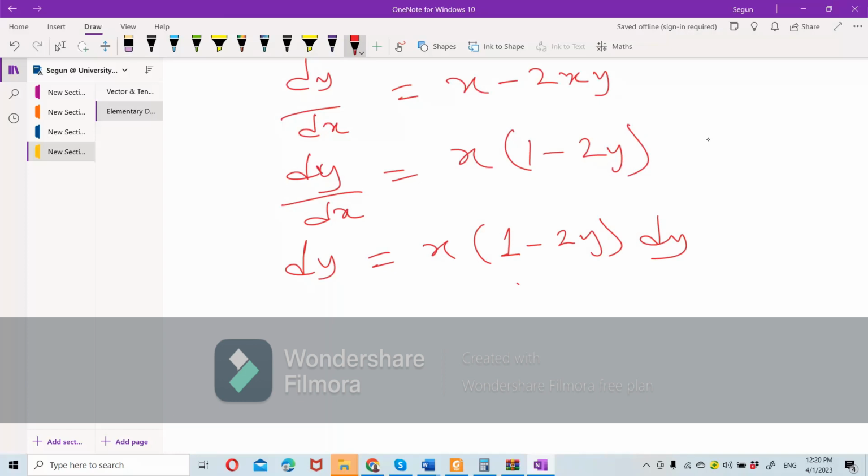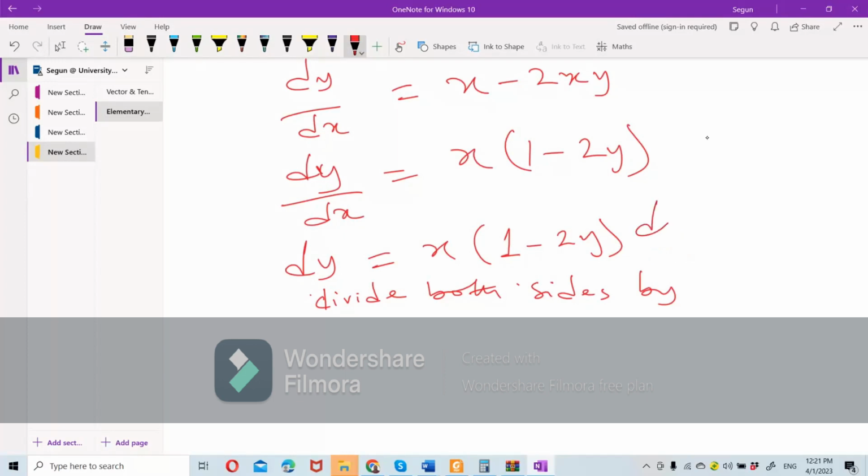But we don't need anything y on this side. So what we do is we divide both sides by 1 minus 2y.